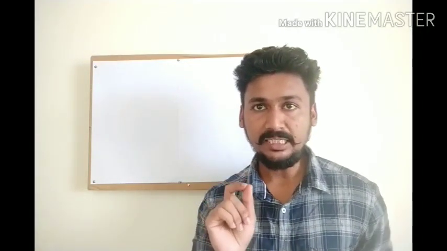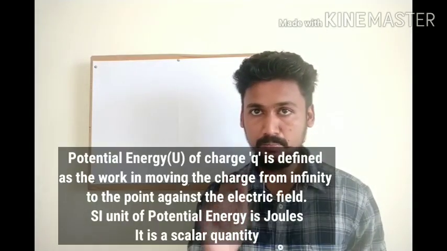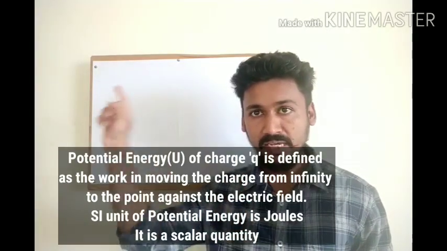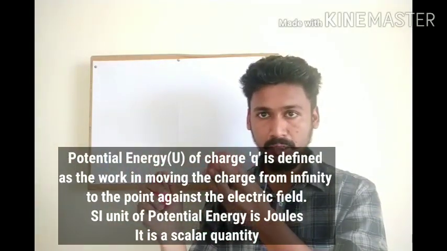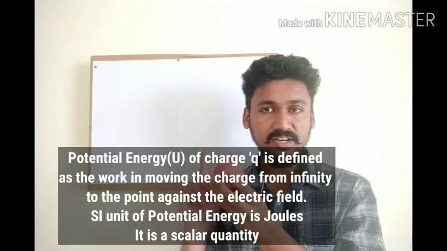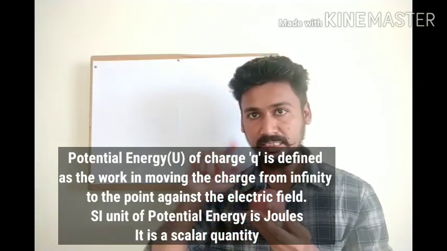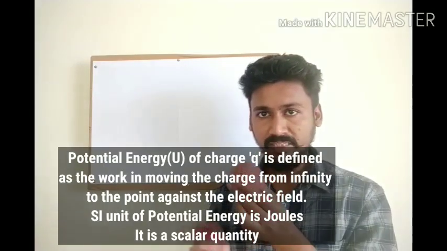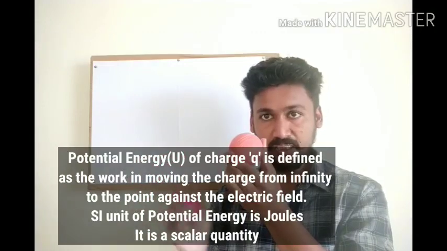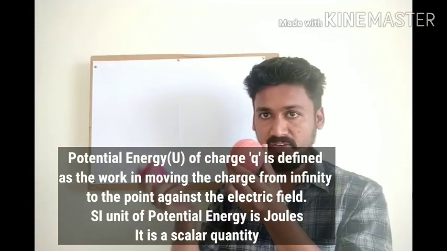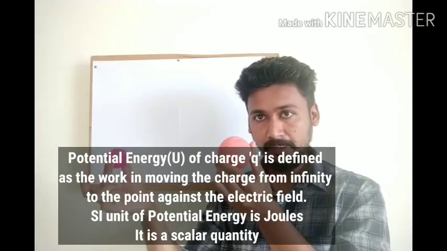So, potential energy of a charge Q is defined as the work done in moving that charge from infinity to that point in the electric field. We take it as infinity because we assume that at infinity the potential energy is 0. So once again, potential energy of a charge Q is defined as the work done in moving the charge from infinity to that point in the electric field.